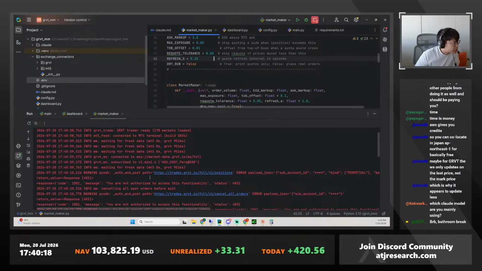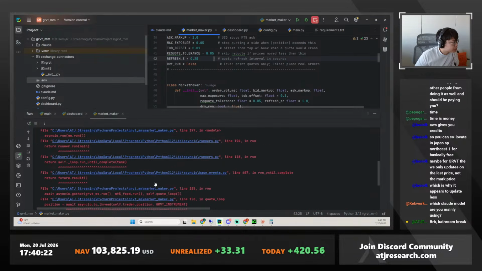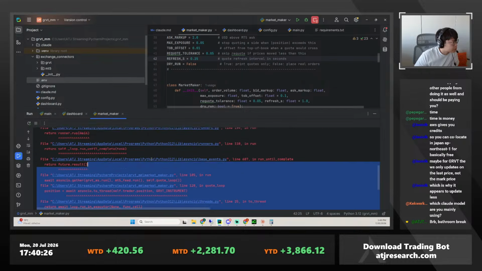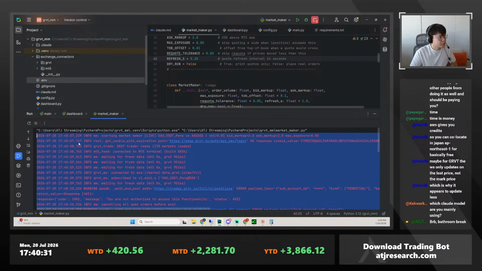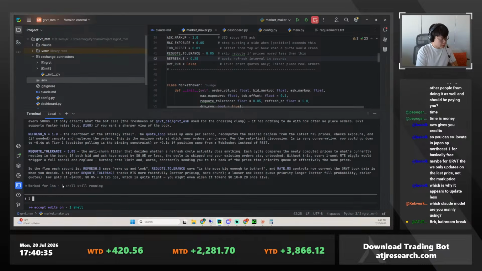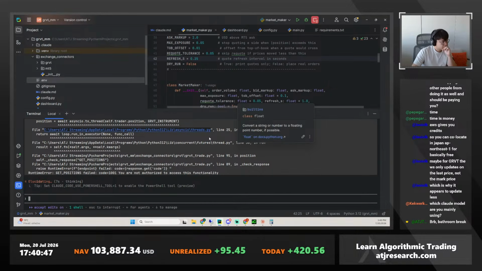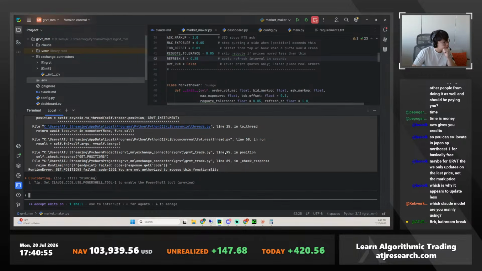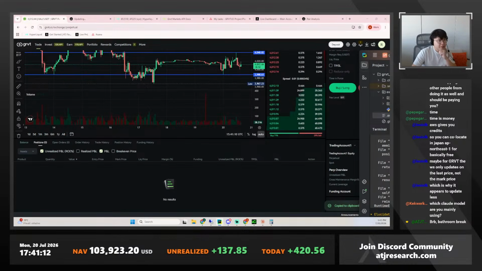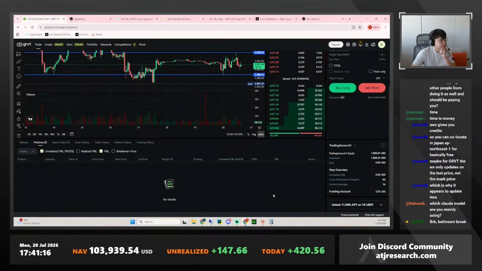All right, so what happened here is that you are not authorized to access this functionality. So I got this error. Let's see what we have to do to fix this. I think I provided all of the API functionalities, so that's quite interesting.